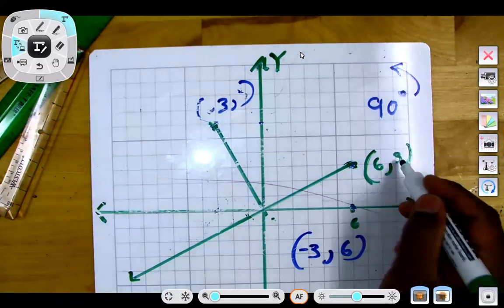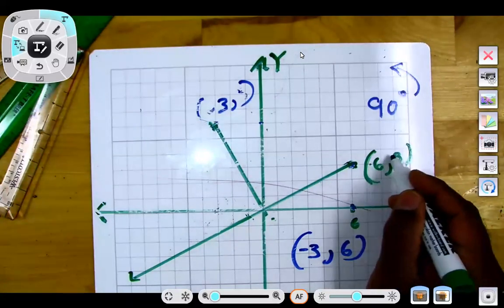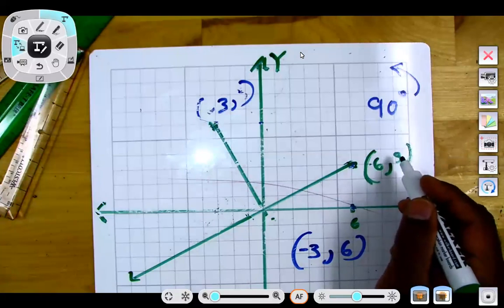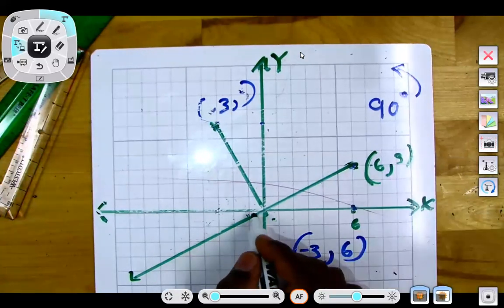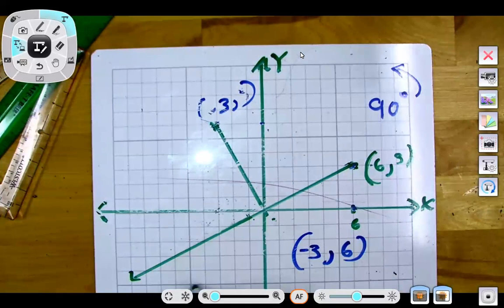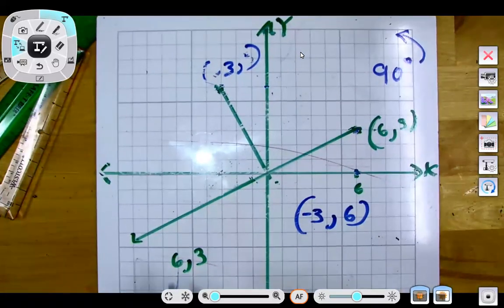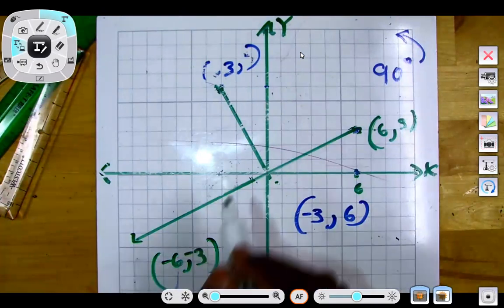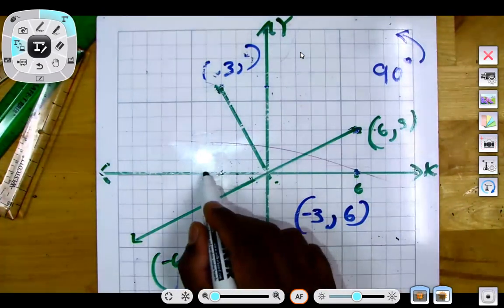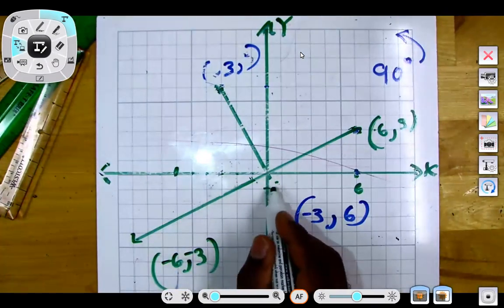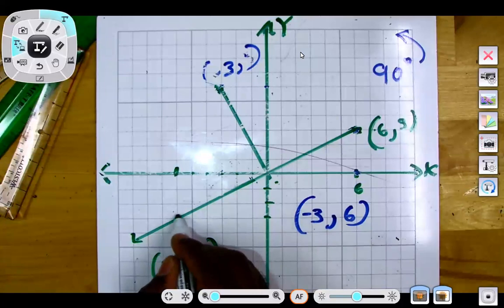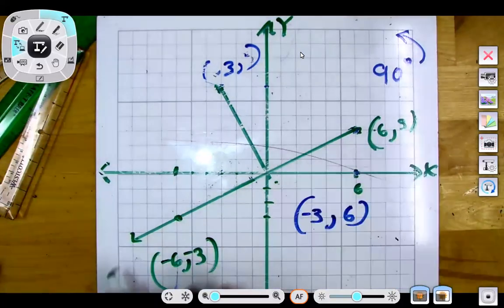It's going to be the same values, but both values change the sign. So this one's going to be 6, 3. We're just going to put 6, 3, but we're going to put a negative in there. So it's going to be -6. So 1, 2, 3, 4, 5, 6, -6, 3. Y value 1, 2, 3. So it's right over here. See, it's on a straight line.